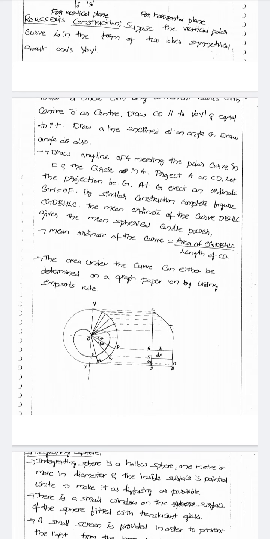Already we discussed that the vertical plane consists of 0, 30, 60, 90 up to 180 degrees. Regarding those degrees, we have to draw all the parallel lines.